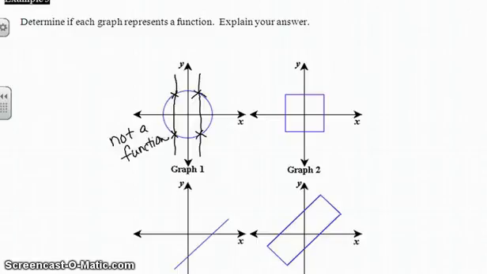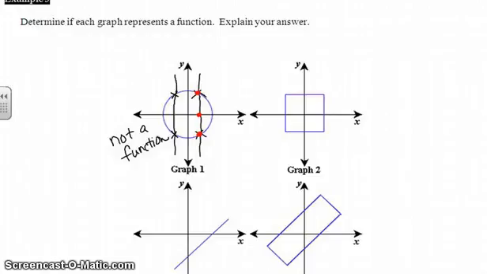Why is that? Why can I drop a vertical line and determine if it's a function? Well, if you look at our coordinate plane for our x here, it's saying it has a point here and a point here that correspond to that same x. So the x is going to more than one location.